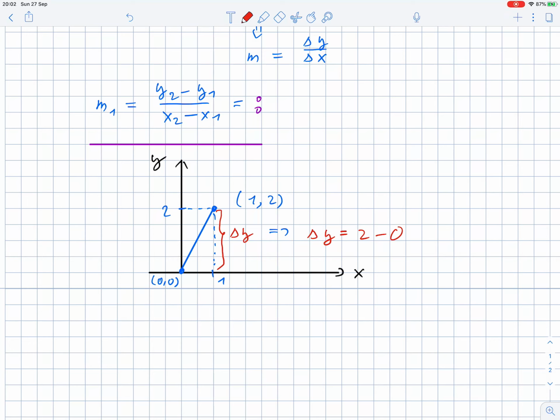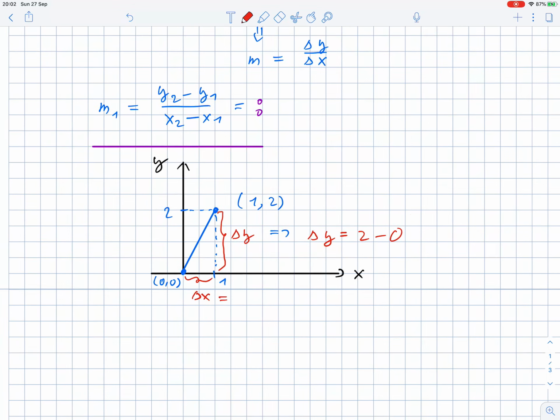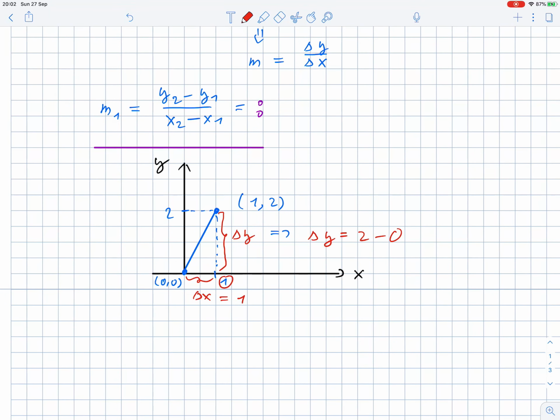The same goes for x. Delta x equals 1 minus 0.